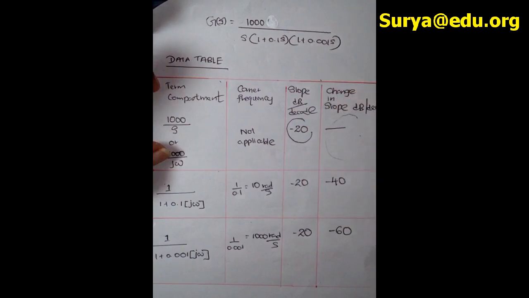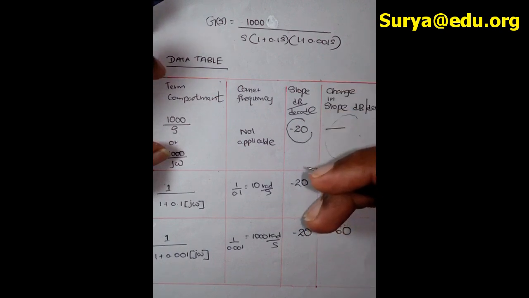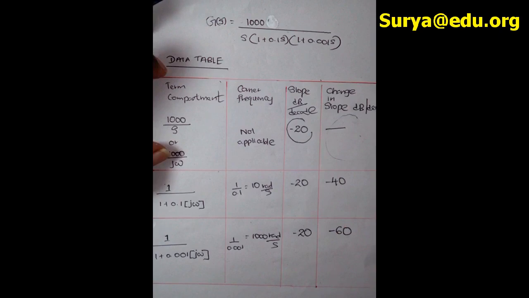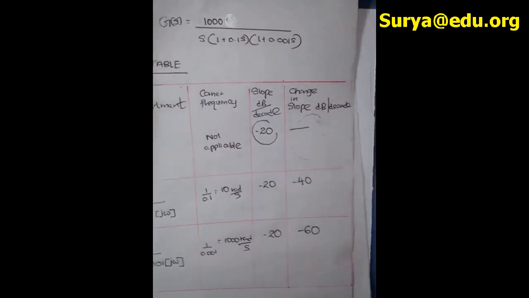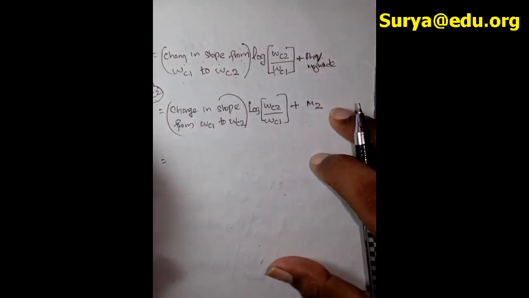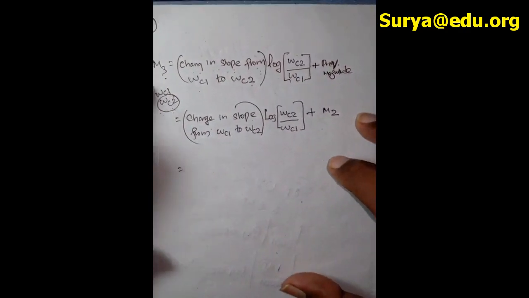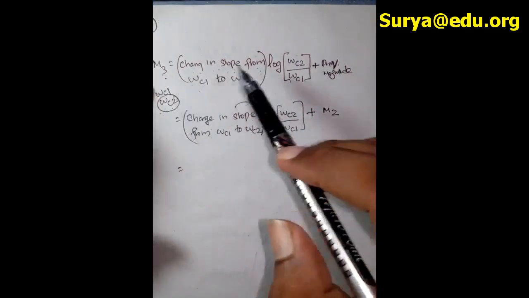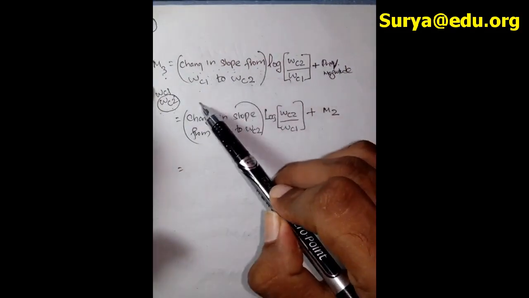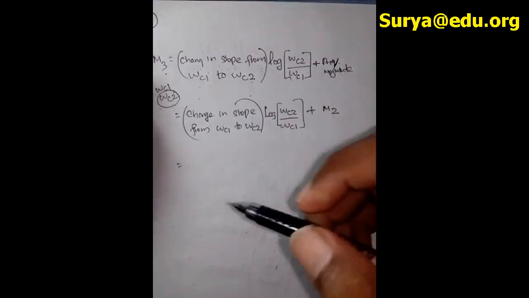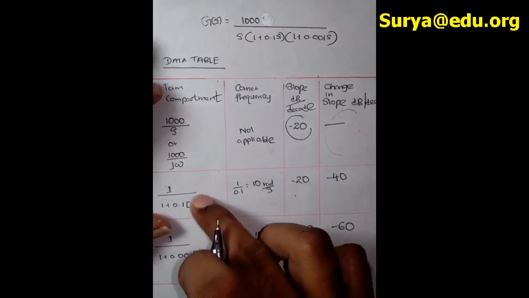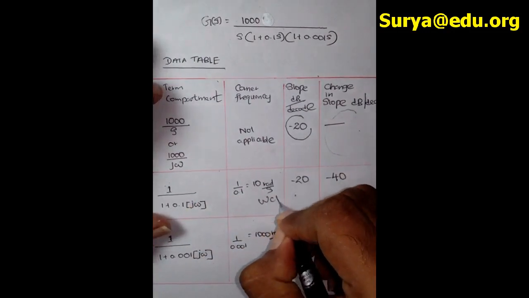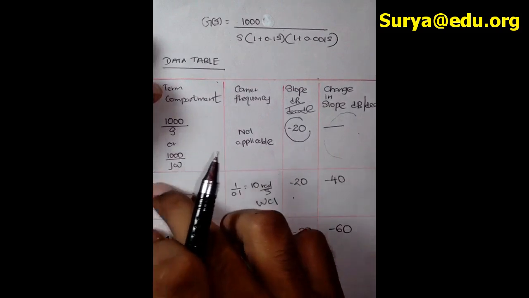Now according to the next case, the case of M3, be very careful because you must know this logically. According to the case of M3, the change in slope from c1 to c2 means it is going down from here. Why? Because this line is related to omega c1, no doubt.